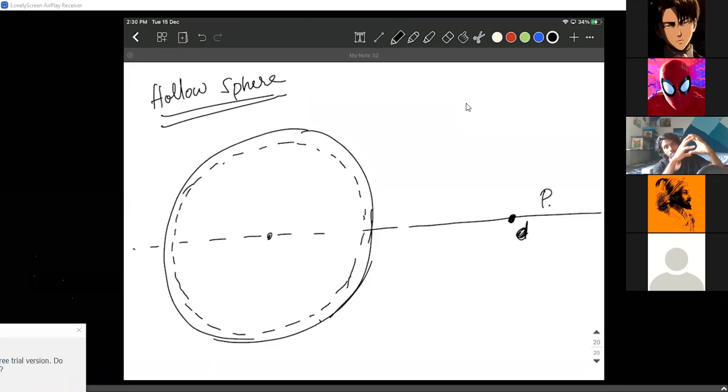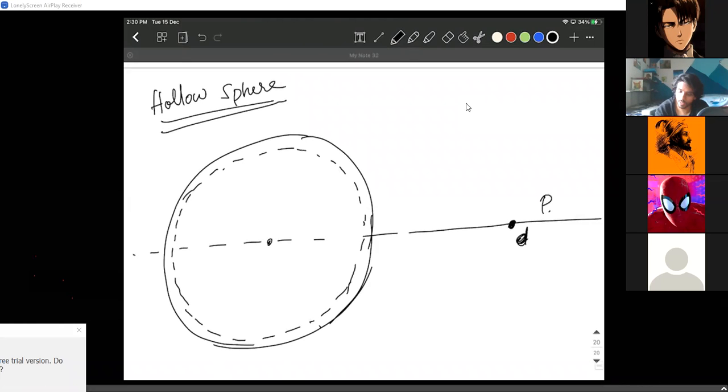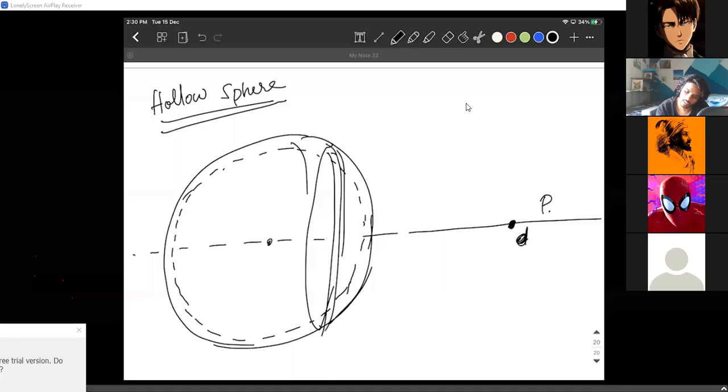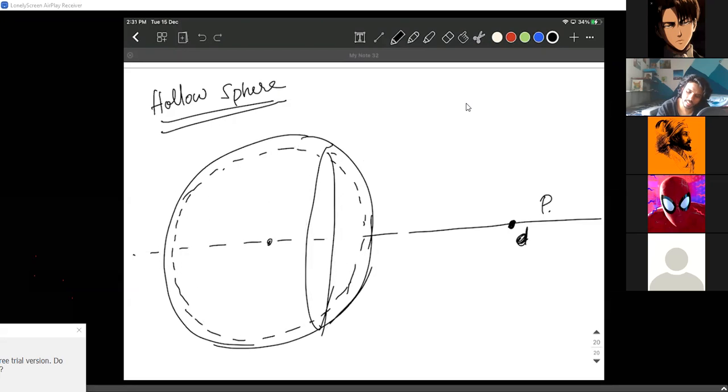Exactly. Yes, this is a sphere. I consider this whole sphere as a combination of a lot of rings. It's a ring, and there's another ring, and another ring. So we are going to take all those little rings. In fact, we're going to take one single ring and write the field because of that one single ring.